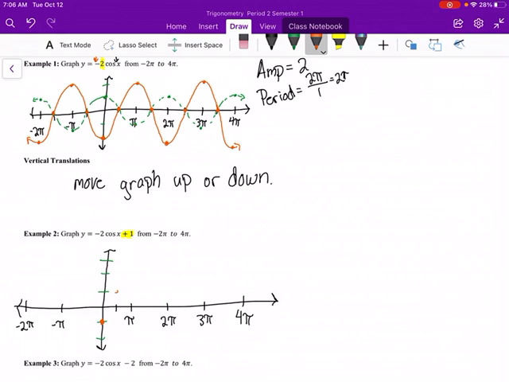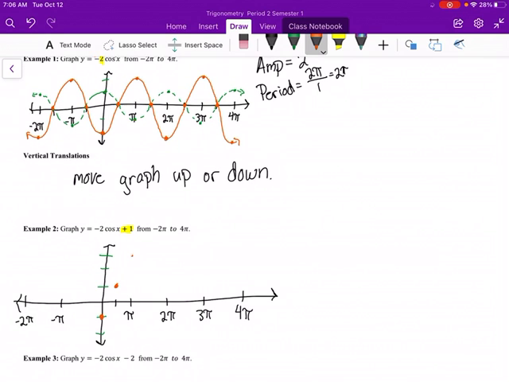So this point will be at 1. Our value at pi was at 2, so now that one's going to move up to 3. So we're just going to keep going through and moving all of these up by 1.